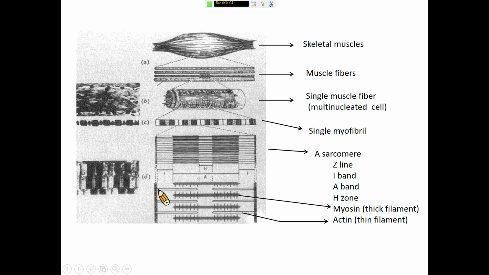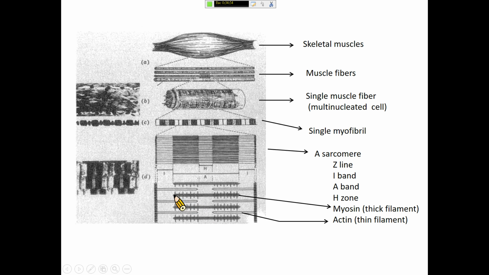called thin filament. Thin filament or actin, which is a certain kind of protein. So this actin, thin filament, is thinner. And then this is myosin. Myosin is thick, and it's also called thick filament.